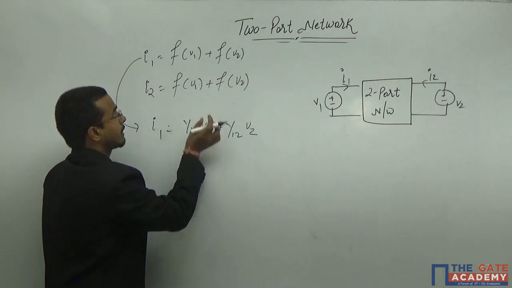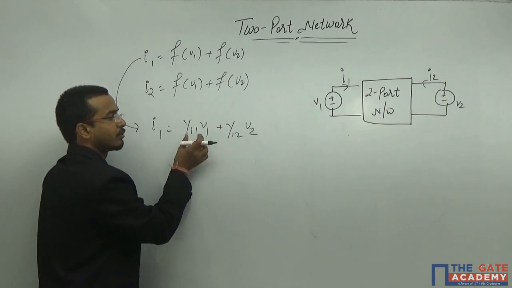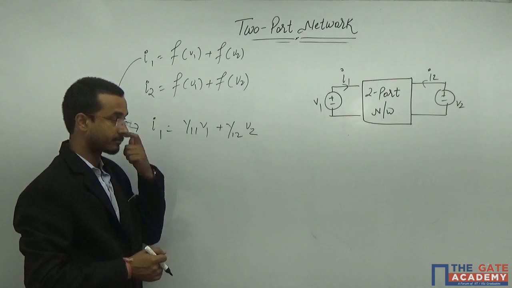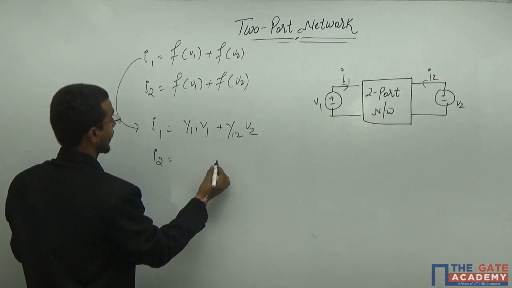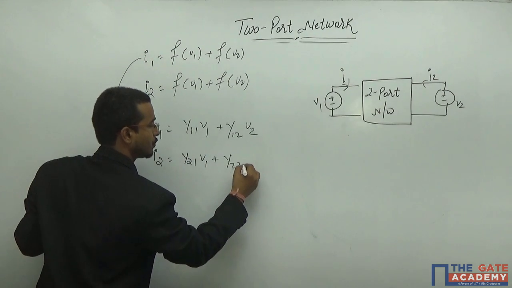Some constant factor multiplied by your excitation. That means it will change the magnitude of this. That's it. It cannot change the phase or anything else. Similarly, this I2 will be Y21 V1 plus Y22 V2.